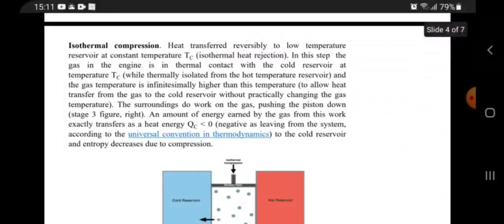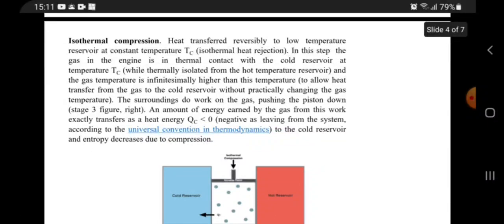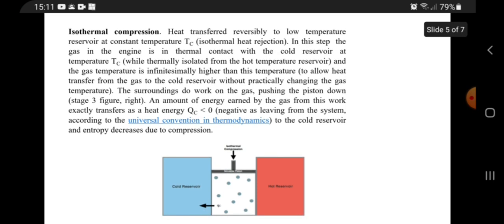Next, isothermal compression. Heat is transferred reversibly to the low temperature reservoir at constant temperature. In this step, the gas in the engine is in thermal contact with the cold reservoir at temperature TC, while thermally isolated from the hot temperature reservoir, and the gas temperature is infinitesimally higher than TC. This allows heat transfer from the gas to the cold reservoir without practically changing the gas temperature.